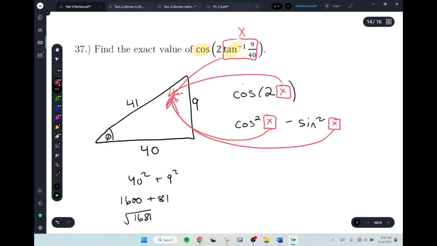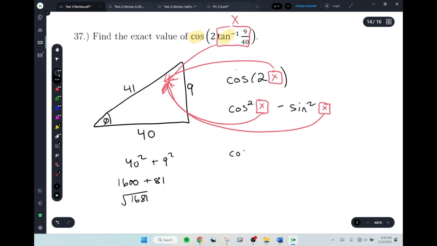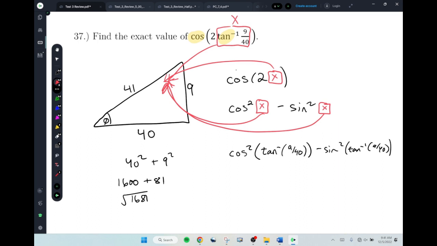It's the whole point of these types of problems. So technically speaking, this is cosine squared of invert tan of 9 over 40 minus sine squared of invert tan of 9 over 40. But you don't need to know that because it's just going to point us to that triangle. And what is cosine on that triangle?